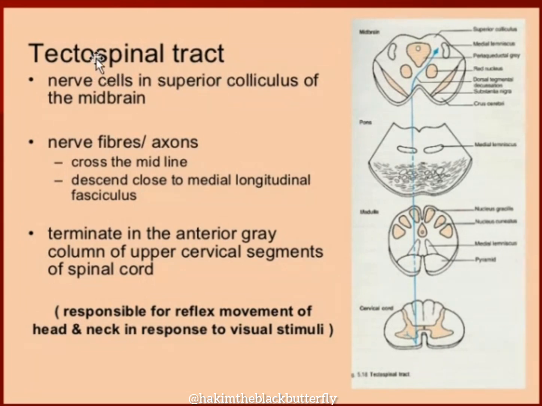So it is originating from the tectum of the midbrain. We shall look at the tectum when it comes to the midbrain, what it is and what it does. So it originates from the tectum of the midbrain to the spinal cord.